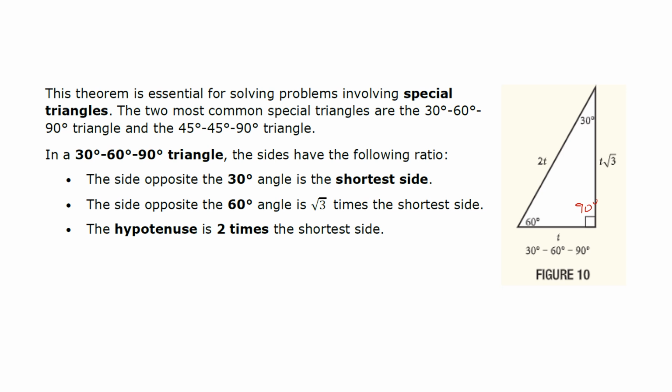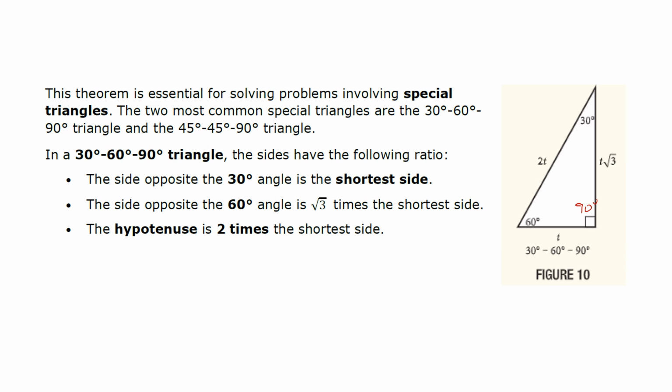The side opposite the 30-degree angle is the shortest side. So in our figure 10 here, we have 30 degrees here at the top. So the side opposite is the shortest side, and we give that the variable t.